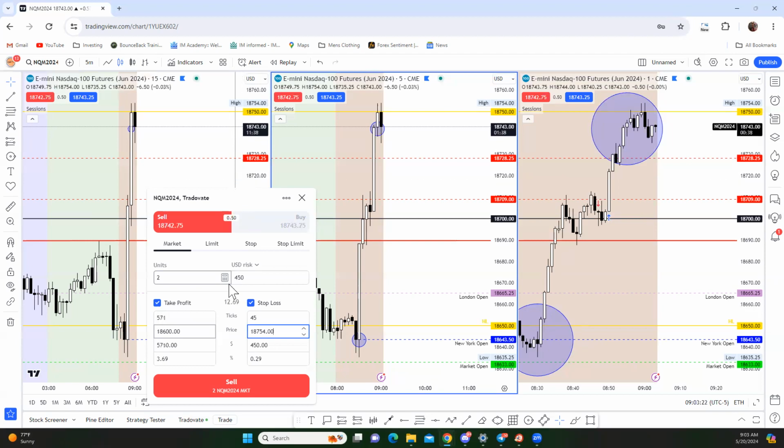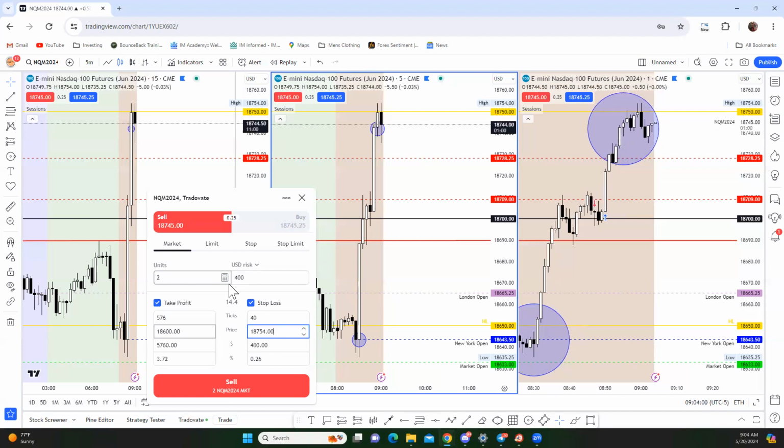We've got about 1 minute before this 5 minute candle closes. All right, let's see how this 5 minute closes.